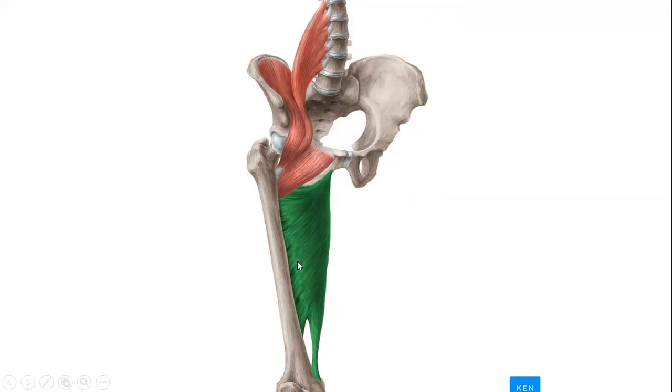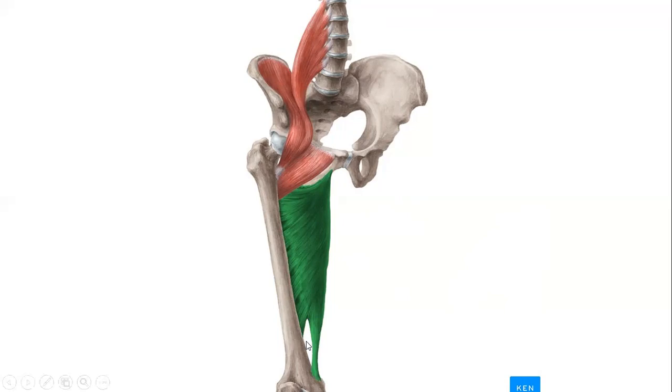So adductor part has aponeurotic distal attachment and hamstring part has the tendinous attachment. In between these two distal attachments of the adductor magnus, you can see that here is a gap between these two distal attachments of these two parts, adductor and hamstring part. This gap is called adductor hiatus.